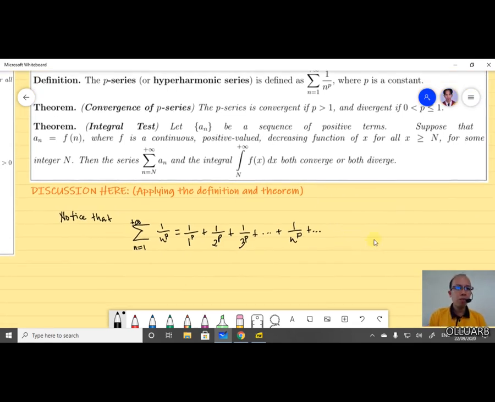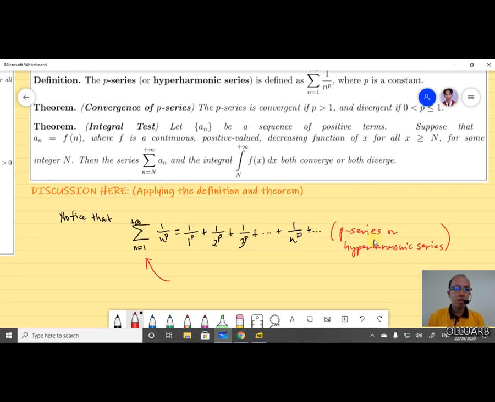In the theorem, this is what we call the p-series, or the hyperharmonic series.